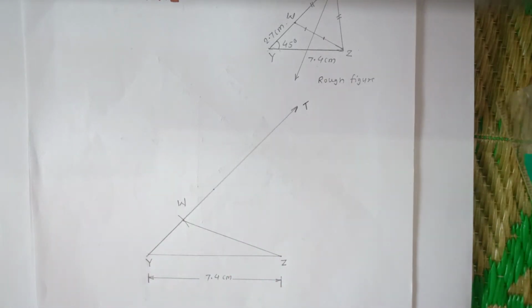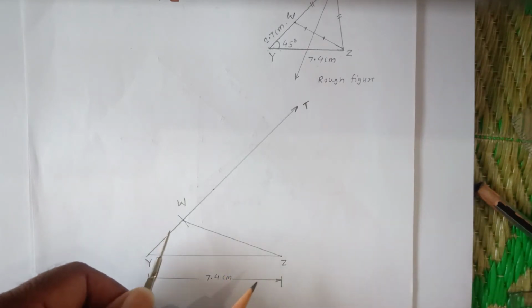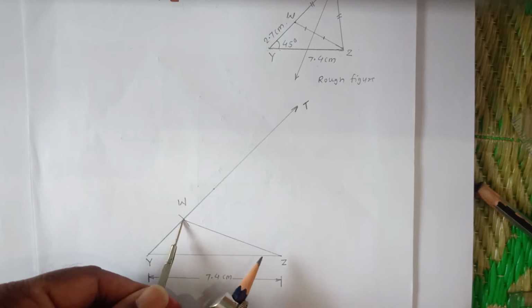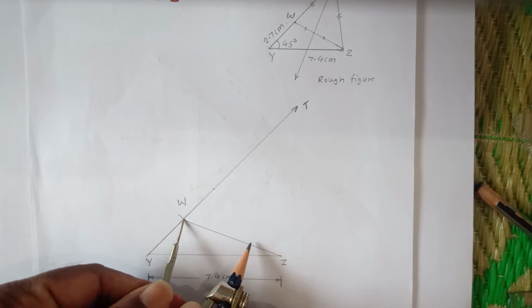Now we have to find the perpendicular bisector of WZ. Take more than half of the distance of WZ in a compass.